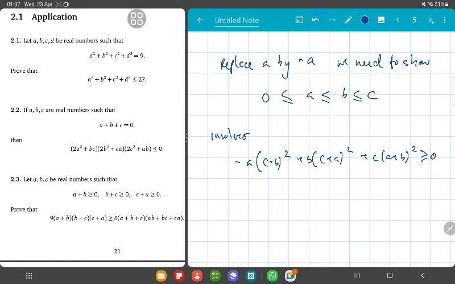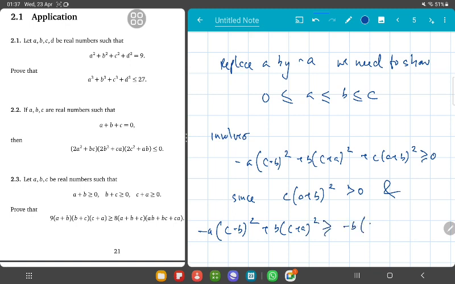This is true since c a plus b square is greater than 0, and minus a c minus b square plus b c plus a square is minus b times c minus b square plus b c plus a square.